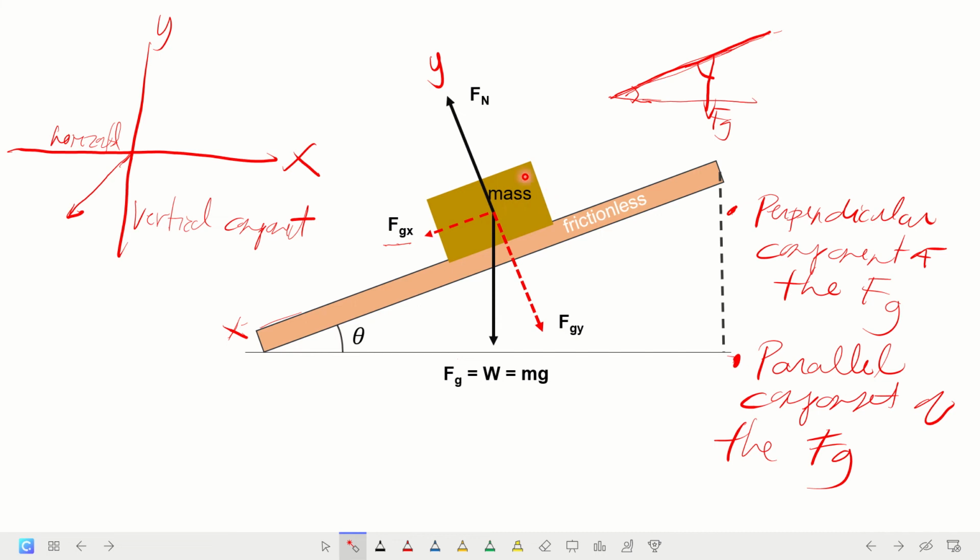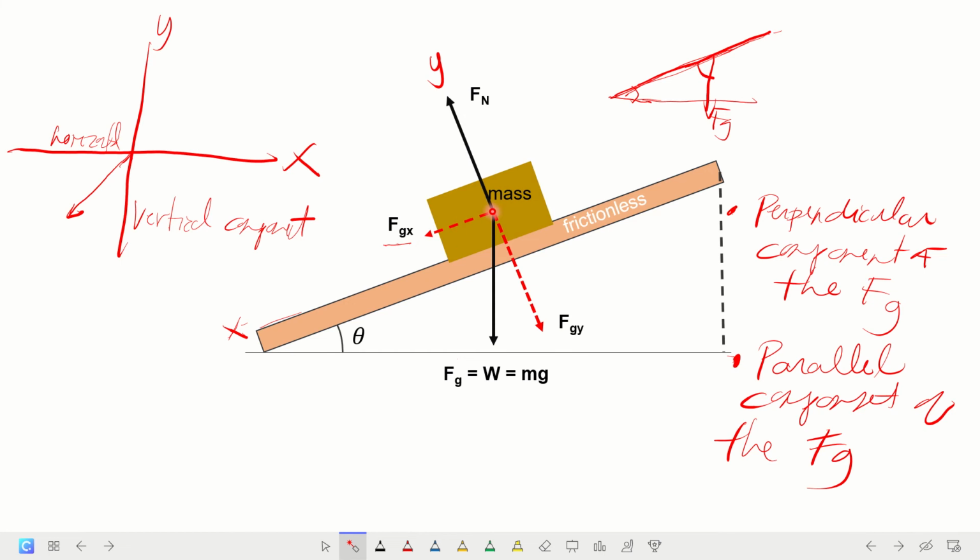But since we assume this to be frictionless and we did not include an external force, the forces acting on this body that is sitting on a frictionless plane would be the normal force, the perpendicular component of the force due to gravity, and the horizontal component of the force due to gravity.